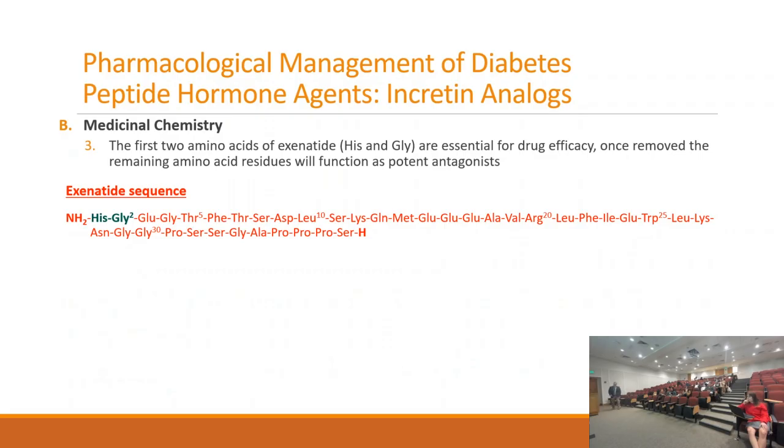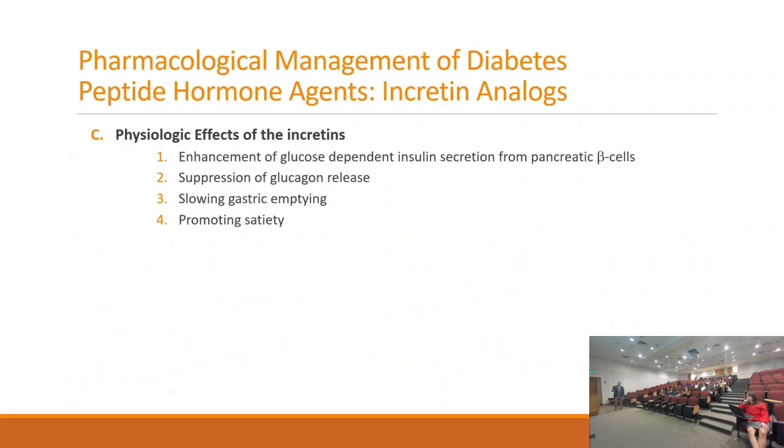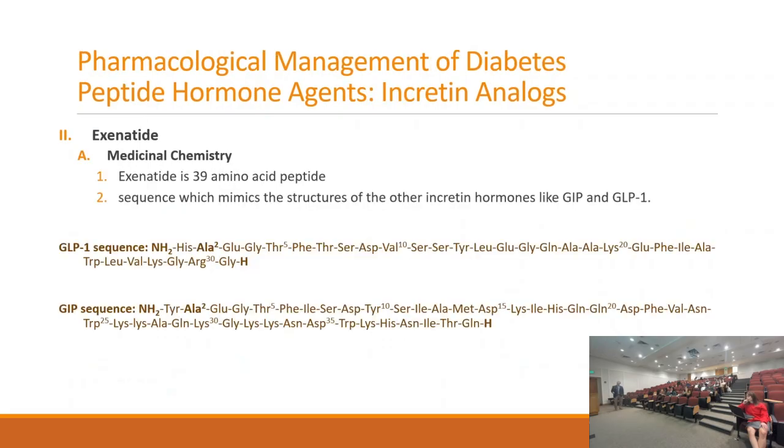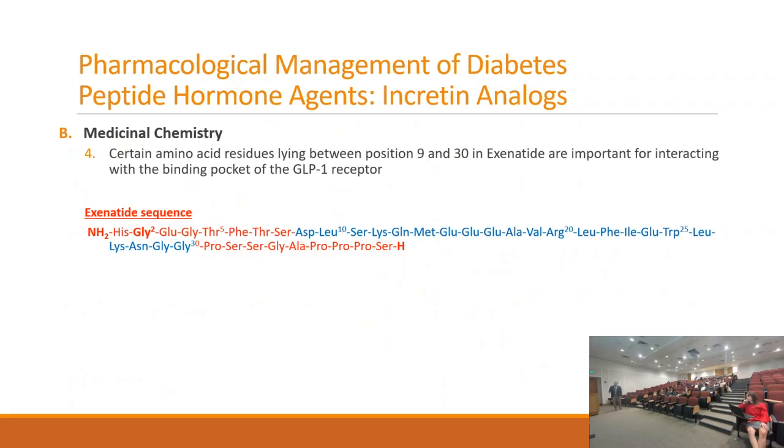Just a little FYI about some of the chemical studies. But histidine and glycine are very important for the efficacy of these drugs and their ability to activate incretin hormone receptors and do all the things we saw on the previous slide.